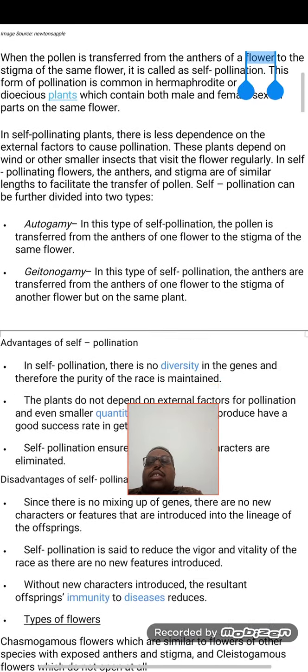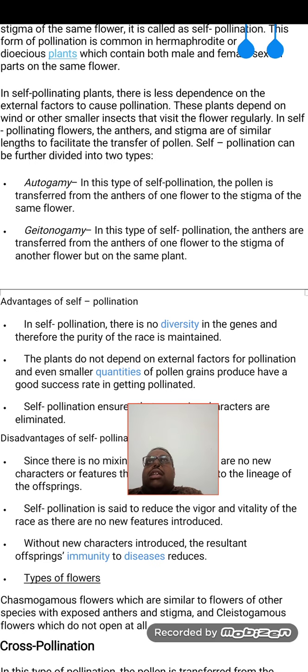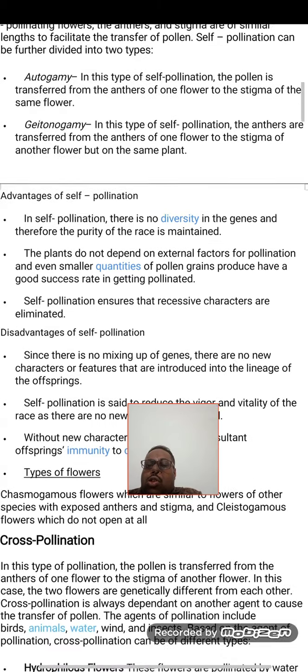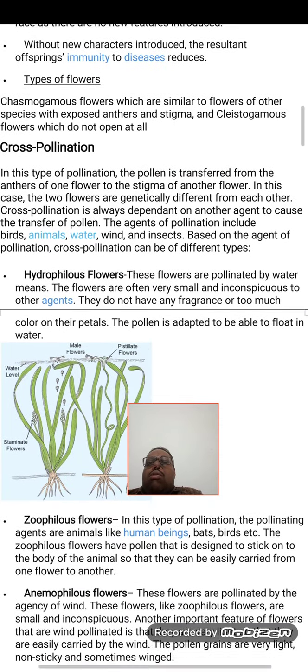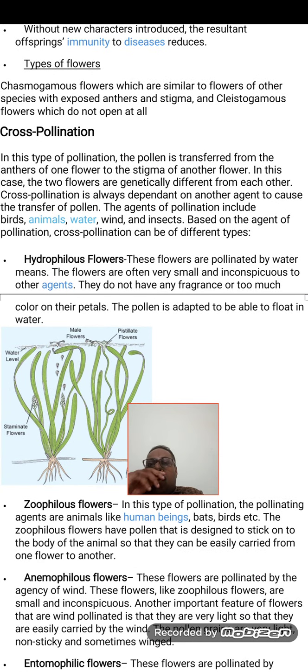So we have to understand what conditions a plant follows if it is undergoing cross pollination. One of the main important cases is plants which live in water: how does pollination take place? You must understand that plants which live in water never produce any fragrance.